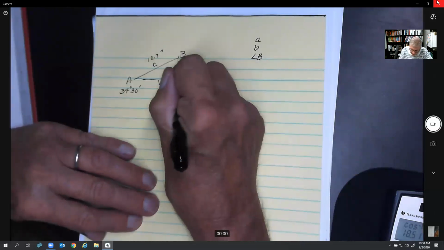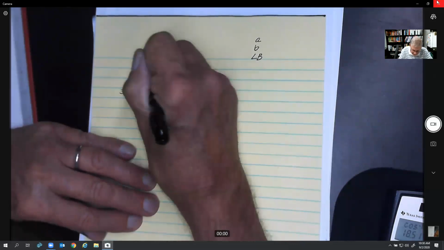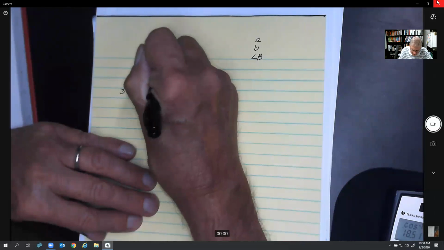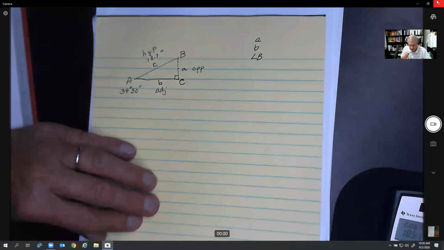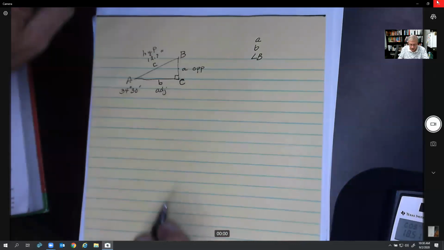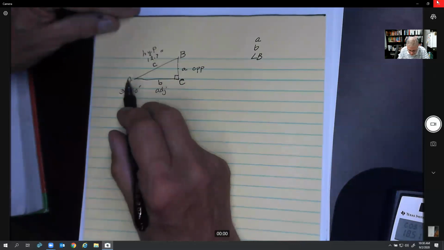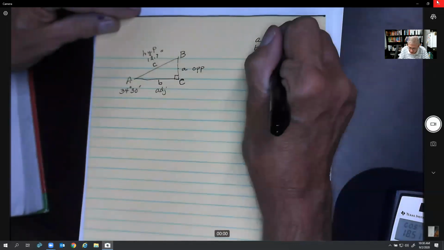So I notice that this is the opposite of that angle. This is the hypotenuse. I like to label this, and this is the adjacent, checking using this angle right here. So I need to find A, I need a relationship that involves the opposite and the hypotenuse.